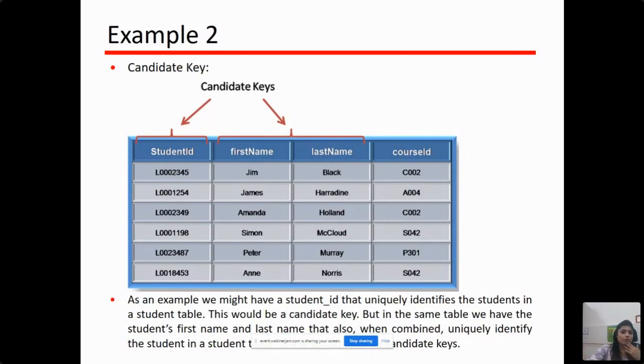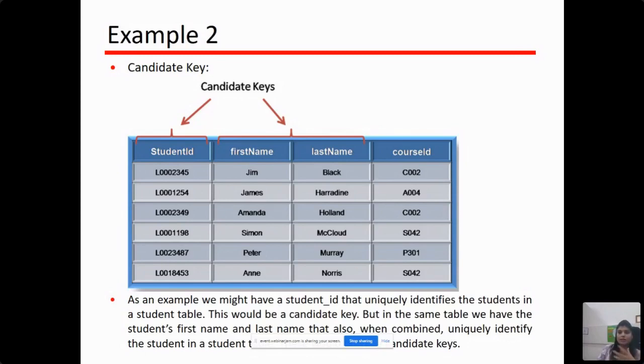For example, in this also C002, Jim is also enrolled in this course, and this Amanda is also enrolled in this course. So course ID cannot form the candidate key, because course ID alone is not able to identify any student. We cannot identify any student with just the course ID.